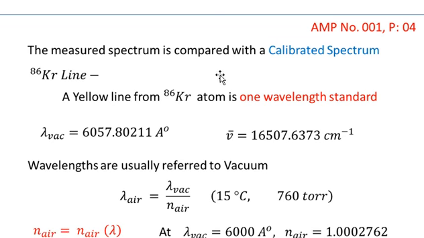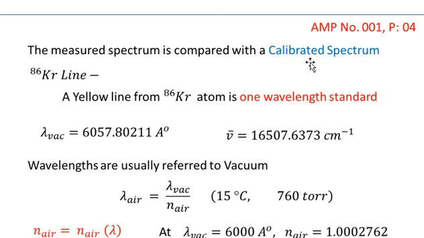The measured spectrum is compared with a calibrated spectrum. If we are using a grating spectrometer, then in such a spectrometer we require a wavelength which is referred to as the reference wavelength, or we may call it the calibration of the instrument. When we do the calibration of the instrument, we know that at so and so angles we are measuring such and such wavelengths.